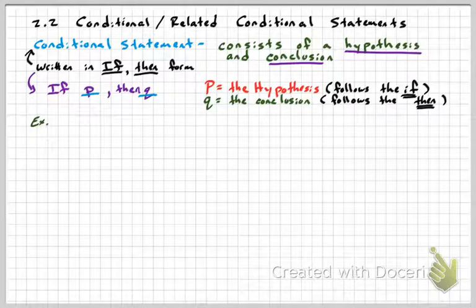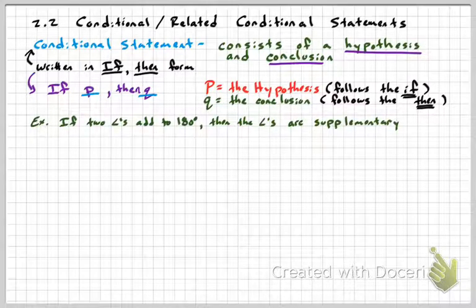So let's look at a really simple example. So here is a very straightforward conditional statement. If two angles add to 180, then the angles are supplementary. Now that's something that we learned. Like I said, a lot of our definitions are conditional statements as well. So let's break this down.